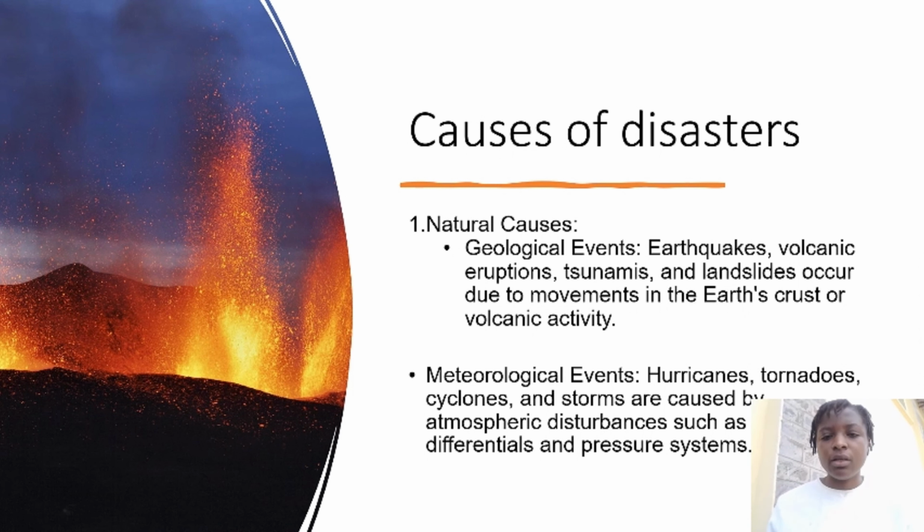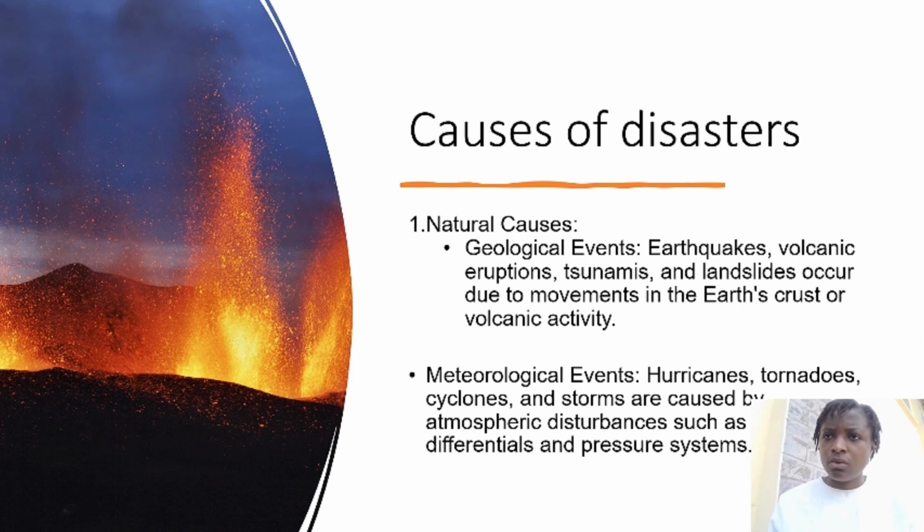The second one is meteorological events. These are such as hurricanes, tornadoes, cyclones, and storms, caused by atmospheric disturbances such as different stress and pressure systems. Also, hurricanes, tornadoes, and cyclones are likely to occur especially in oceans and seas.